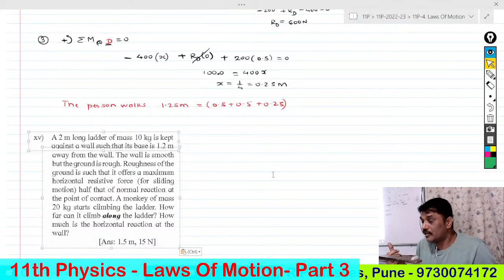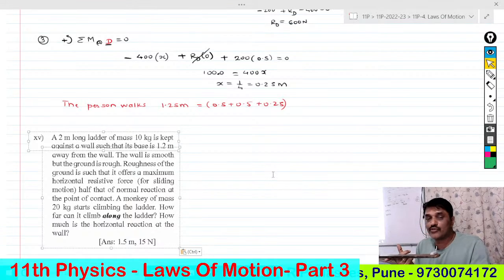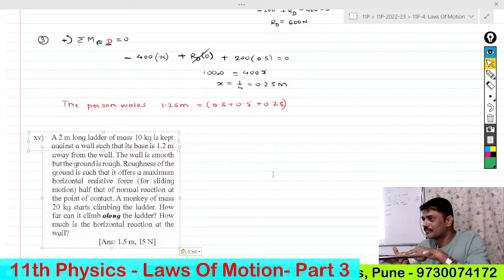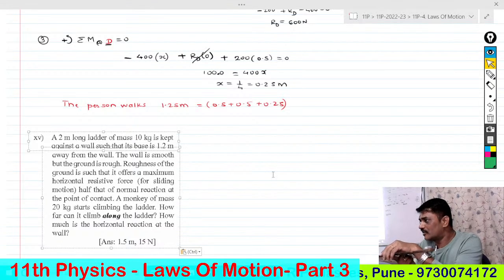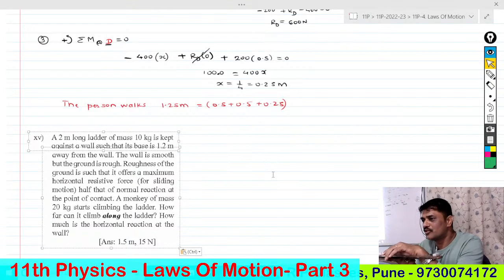Here you have already made use of the concept of moment of force. Those who have played like this have already got the concept of moment of force. You understood one thing, that the heavier mass has to be nearer. That's the moment of force. What are you trying to do?